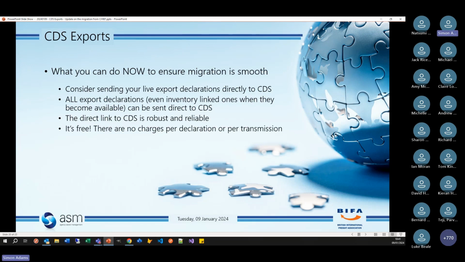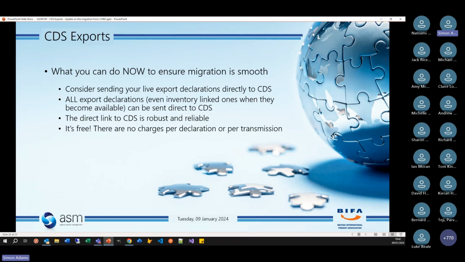And it's free. This is probably what Robert was saying is a bit of a controversial thing, but there are no charges per declaration or per transmission for sending export declarations to CDS directly rather than through a CSP. CSPs charge you if you send export declarations.